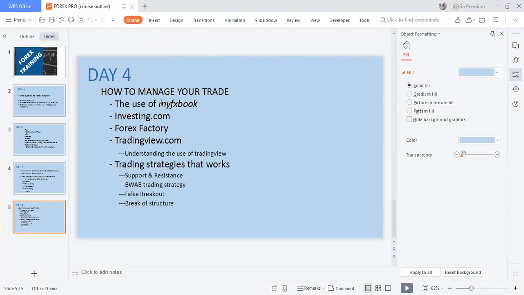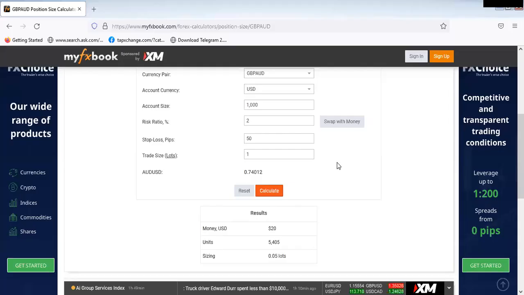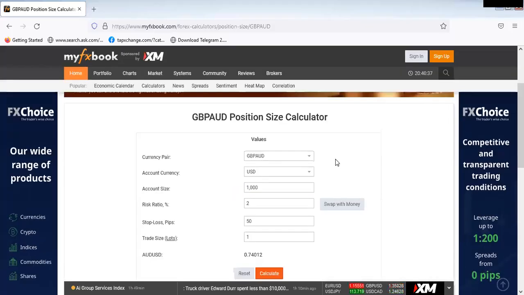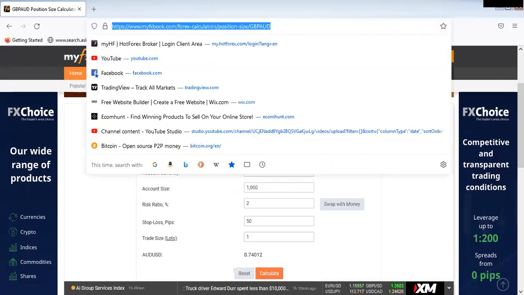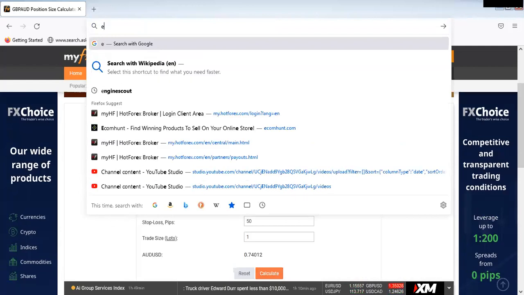So let me start. Myfxbook, like I said previously, is a site where we make analysis or manage our trades. You can use it to predict or to take note of the news that is occurring in the market. To get to Myfxbook, just go to myfxbook.com.